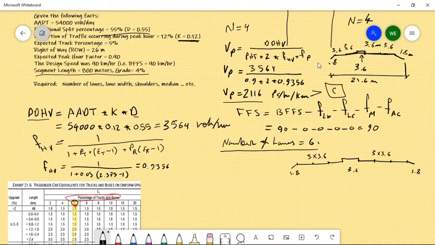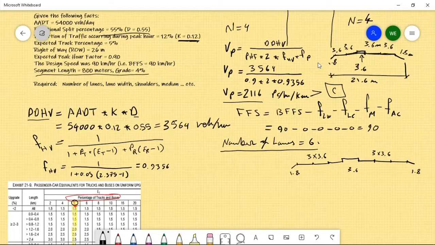Let's check to see if this configuration will be within the right of way or not. So we have 1.8, no, it's 3.6 multiply 6, 7, 8.